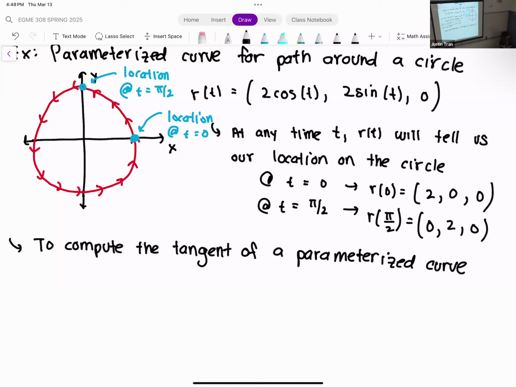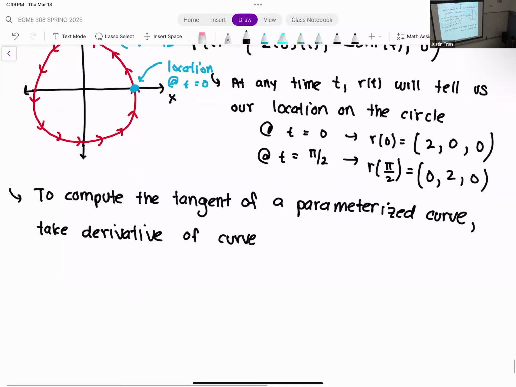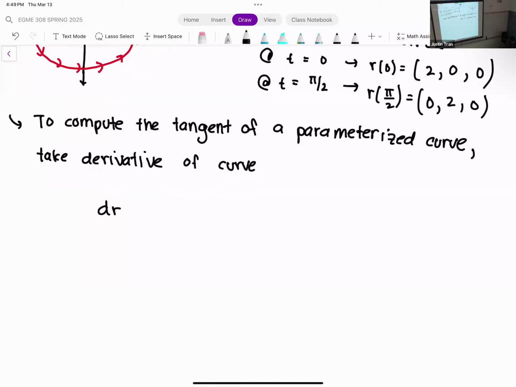And so the same is true here. So we're going to take the derivative of the curve with respect to the parameter. So in this case, which is t. And so the tangent is just simply dr/dt. Okay. And so you're just going to take the derivative of each of the components. So we have dx/dt, dy/dt, and dz/dt.